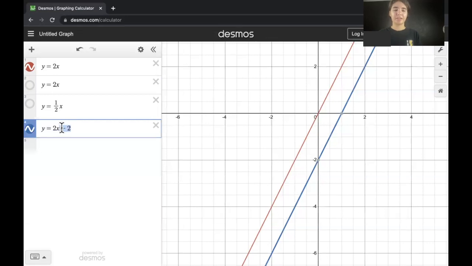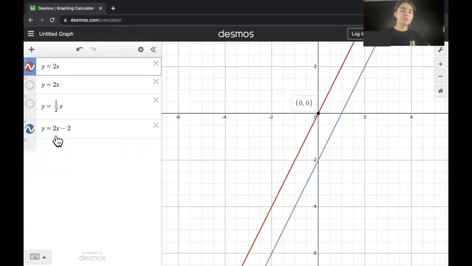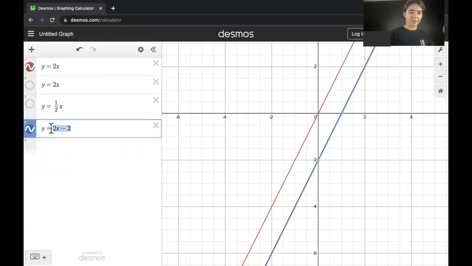And this b is telling us how much we shifted up or down. Because if this is just y equals 2x, and we plugged in 0 here, 2 times 0 is 0, so y equals 0. So it's going through the origin, 0, 0. But if we plugged in 0 to this 2x minus 2, then 2 times 0 is 0, and then minus 2. So this y would actually be shifted down -2.